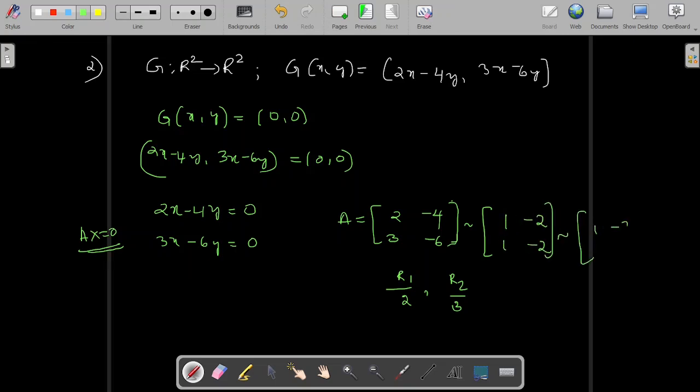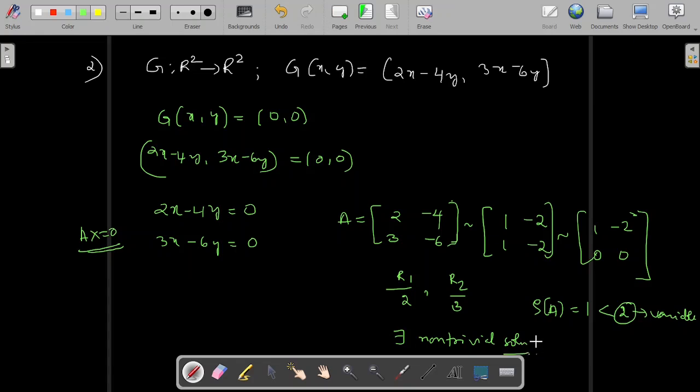Then you can do R2 changes to R2 minus R1, and you will get 0, 0. So what is the rank of this matrix? Rank of A equals the number of non-zero rows, which is 1. This is less than the number of variables, because there are two variables x and y. So if the rank of A is less than the number of variables, there exists a non-trivial solution.